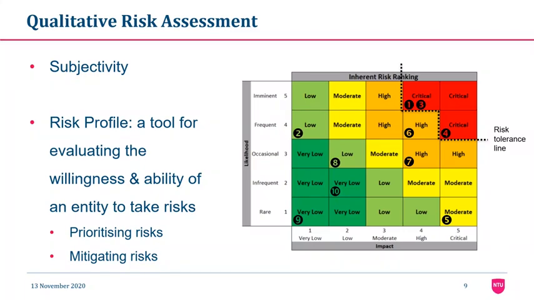You can draw a risk tolerance line on the diagram to distinguish risks that have both a higher impact and higher probability rate from risks that have a lower level of probability and impact. And finally, all risks above this risk tolerance line might need action to be taken. So it's a good tool that we can use to have a plan to mitigate risk that we are not prepared to accept.